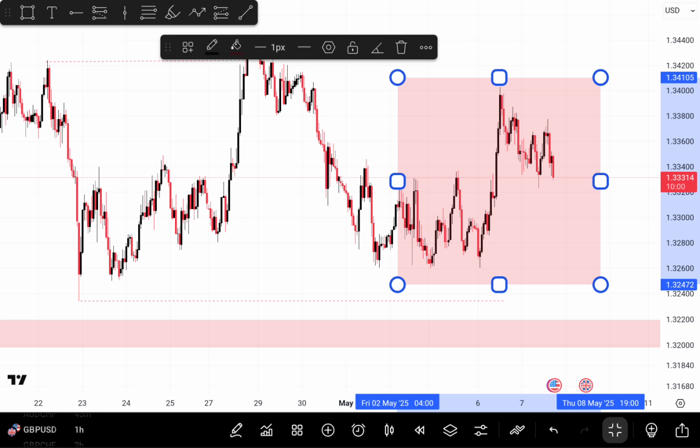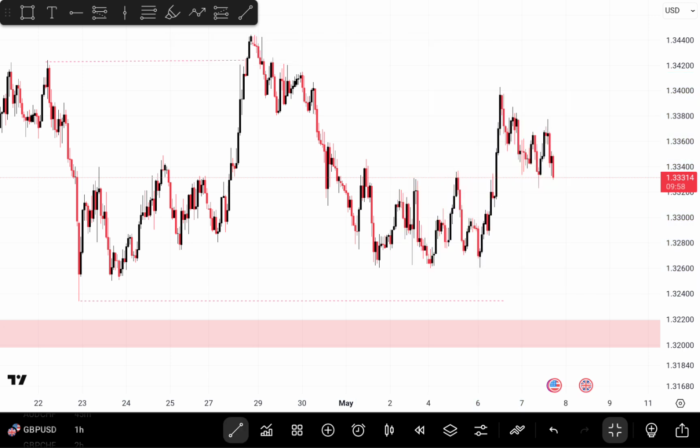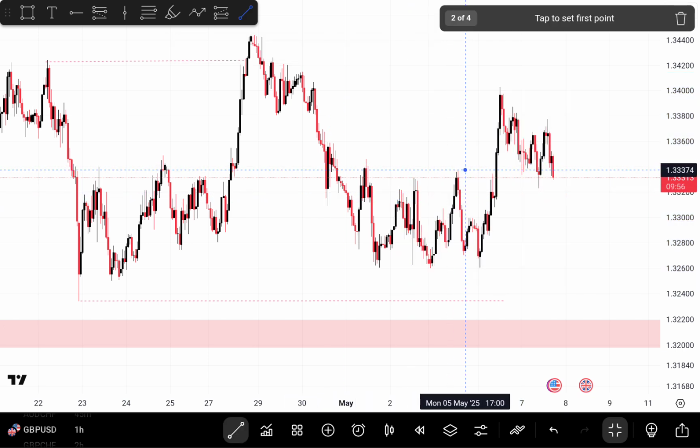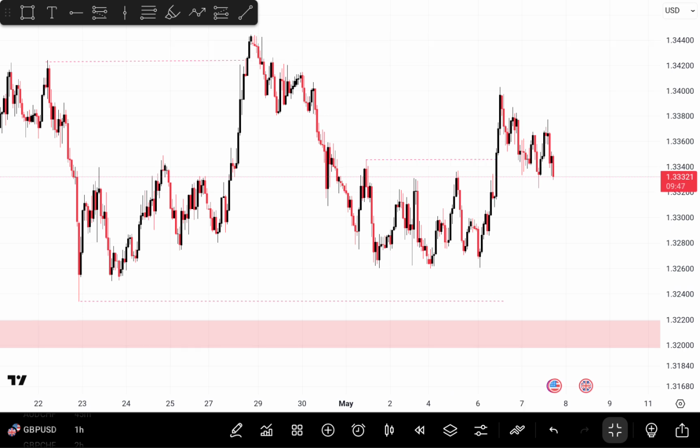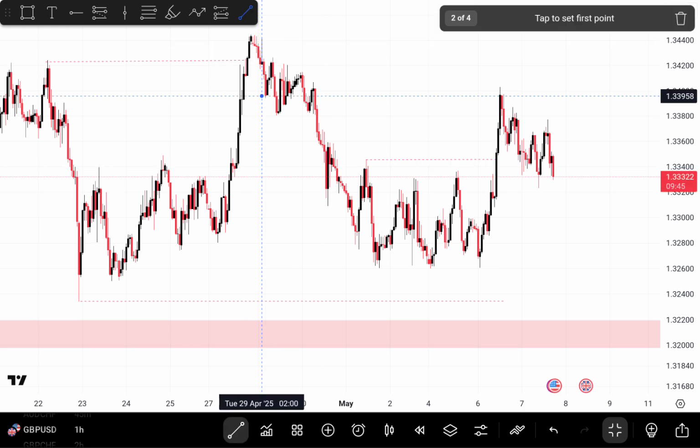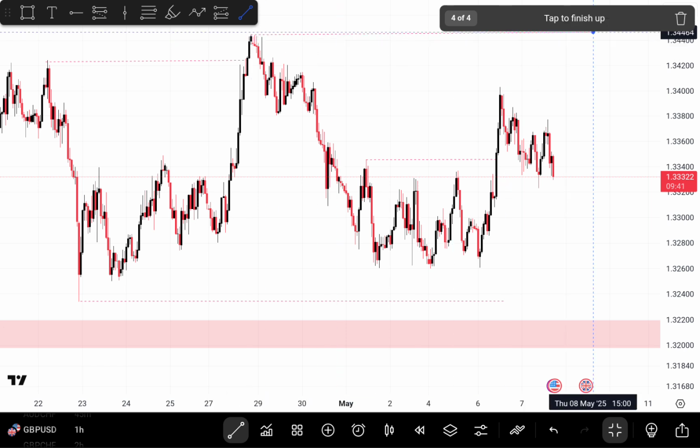And I will say, okay, fine. Since we are bearish here, and at this place we have a very, very obvious break of structure. That is one. Then I will draw this, my swing high. This is my swing high.